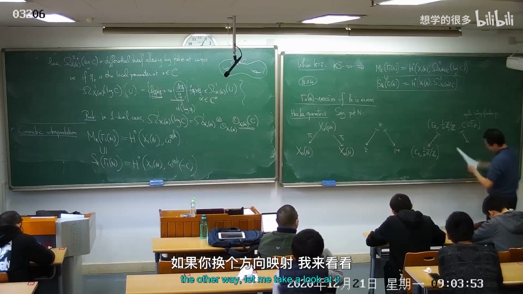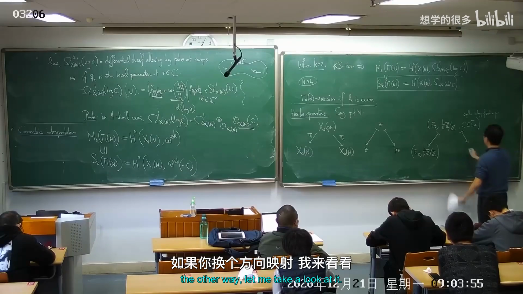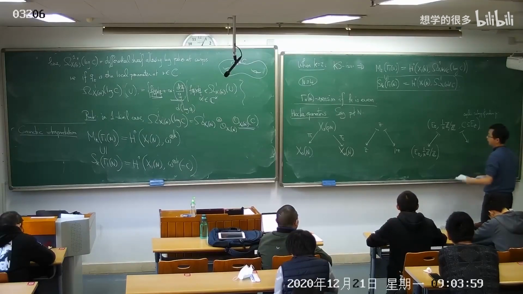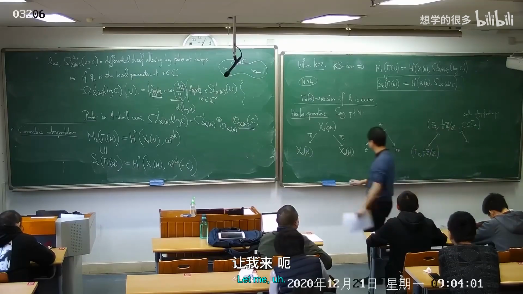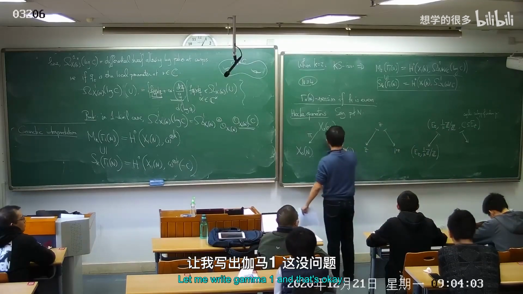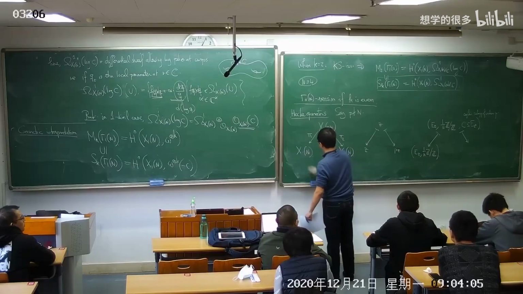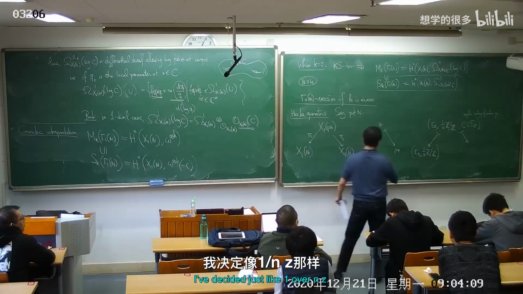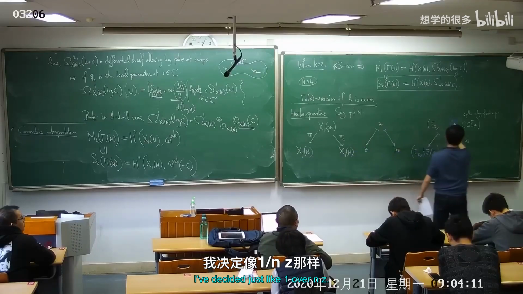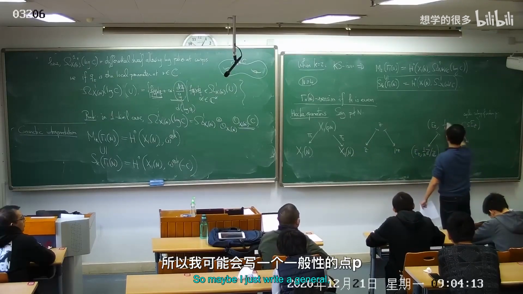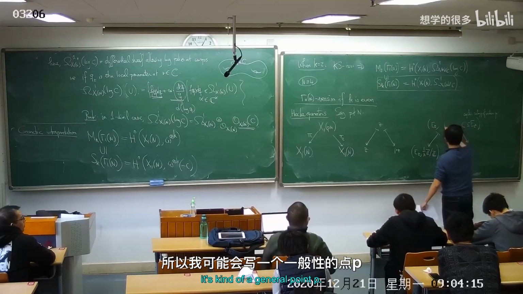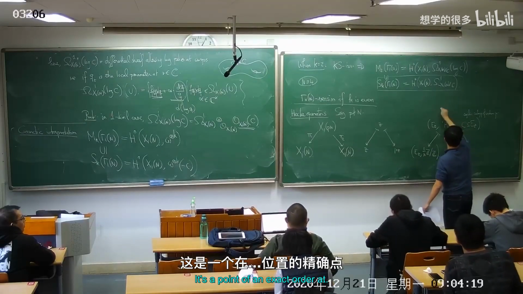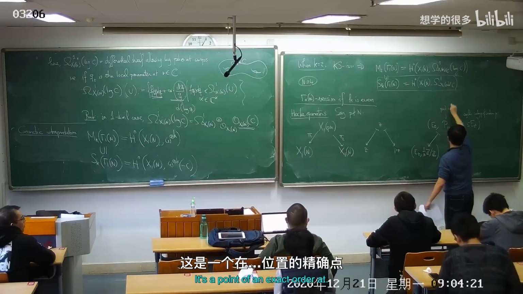If you map it the other way, let me take a look at it. You know what? Let me write gamma 1, and that's okay. I've decided just that. It's like 1 over n Z. So maybe I just write a general point P_n, a point of exact order n.